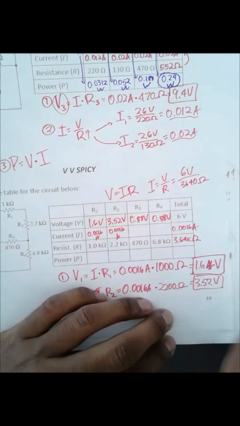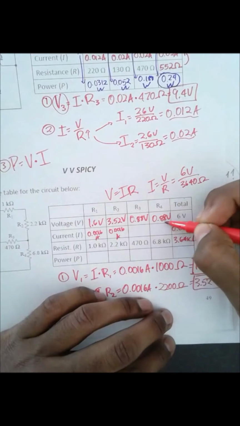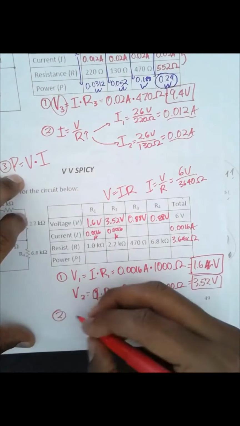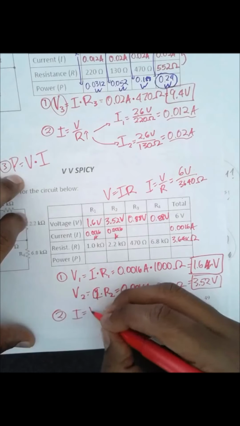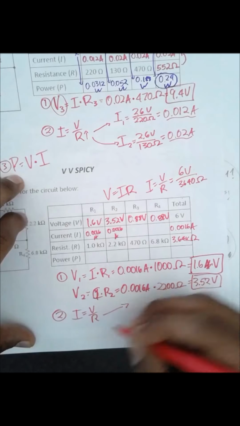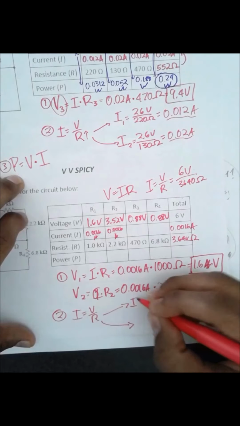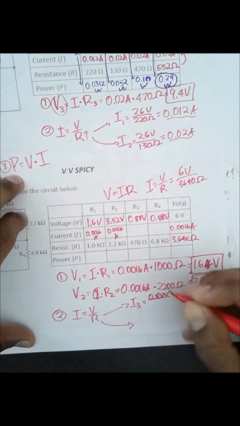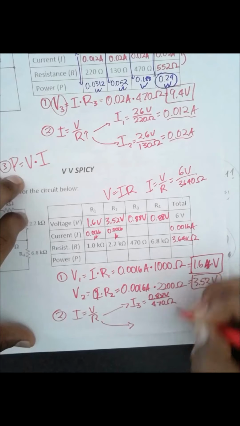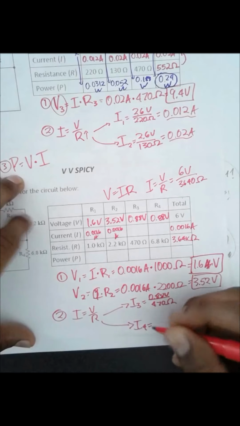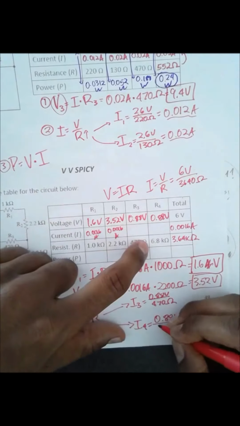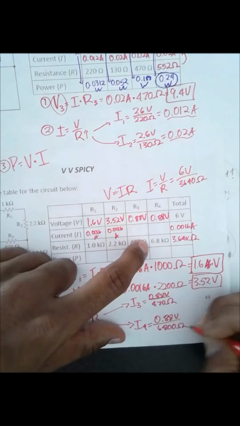So now moving backwards, when we have the voltage and the resistance for R3 and R4, we can figure out what the current is. So next step is I is equal to V divided by R. And once again, we're going to branch. So for I3, we have a voltage 0.88 volts over the resistance 470 ohms. For I4, we have the voltage 0.88 divided by 6,800 ohms.